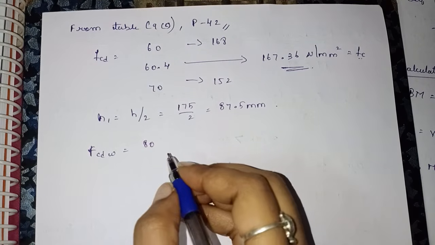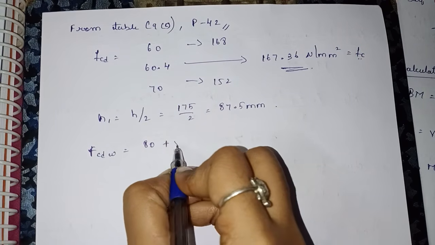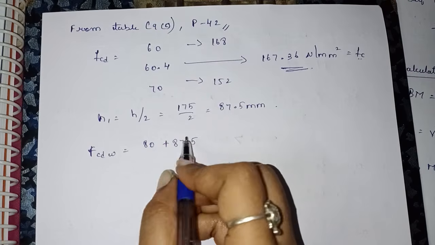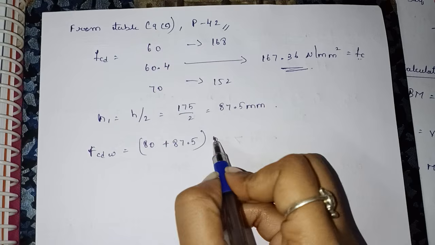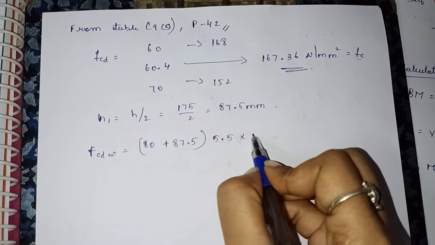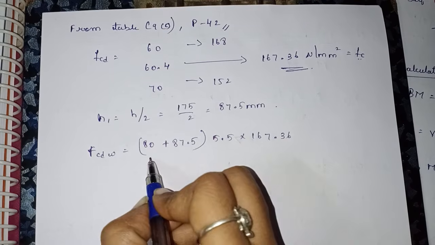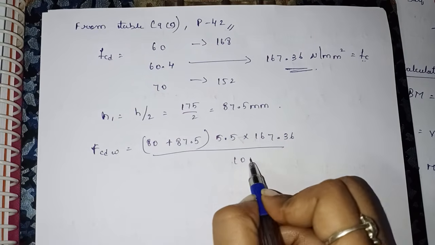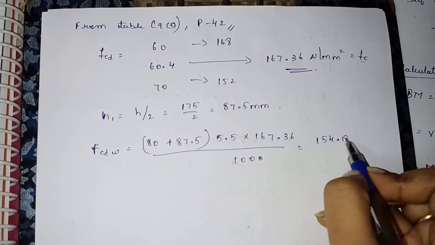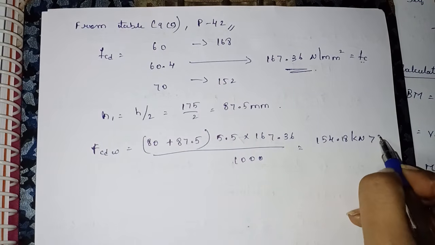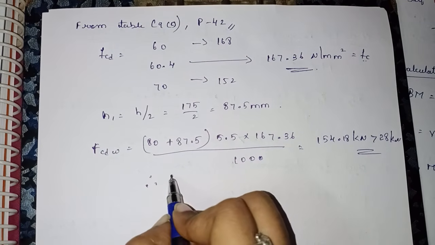This is an assumption. 80 bearing B1, plus 87.5 is N1, multiplied by thickness of the web 5.5 into Fc is 167.36, and that divided by 1000 will convert into kilonewtons. 154.18 kilonewton, and that is greater than 28 kilonewton, so it is safe. So it is safe for buckling.